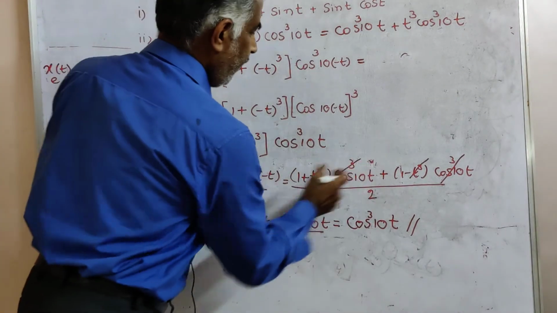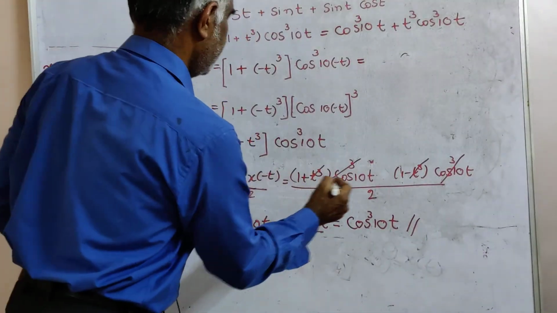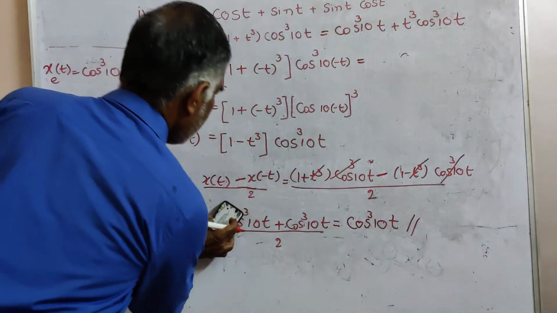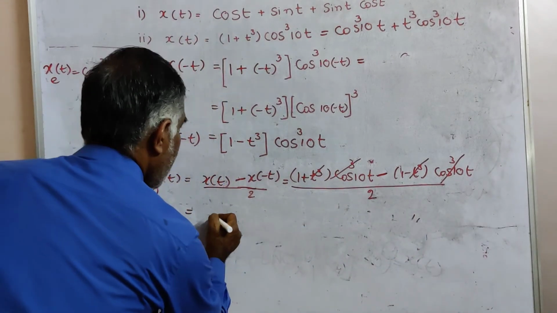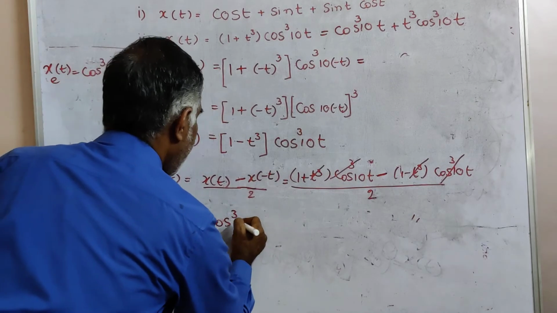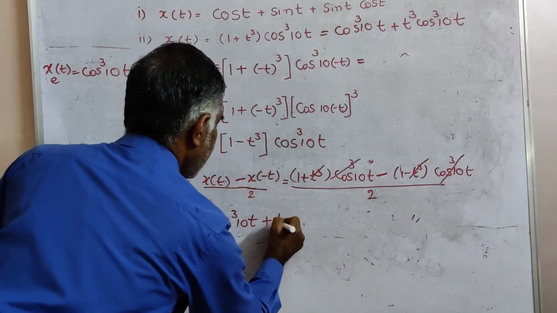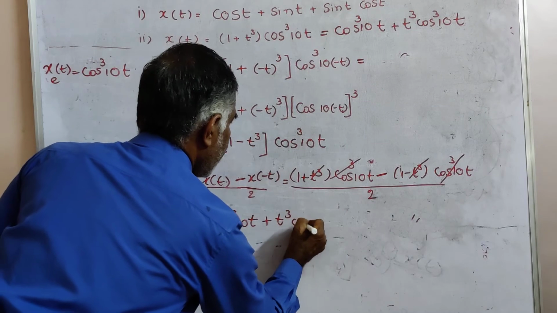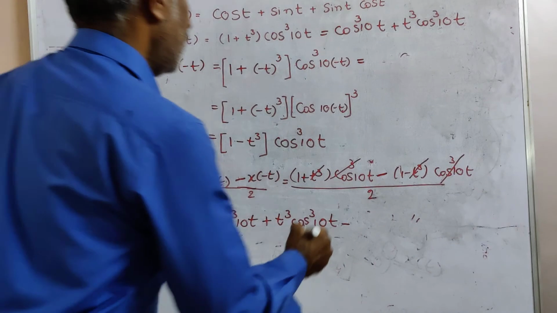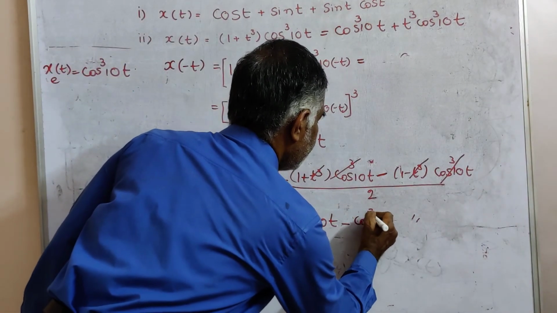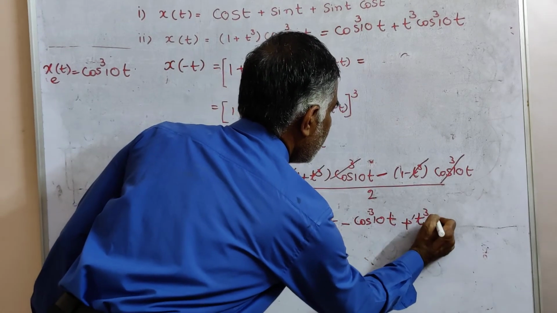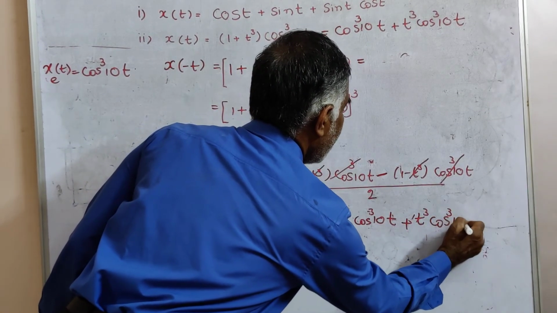Now simplifying, we get half of cos^3 10t plus t^3 cos^3 10t minus cos^3 10t plus t^3 cos^3 10t.